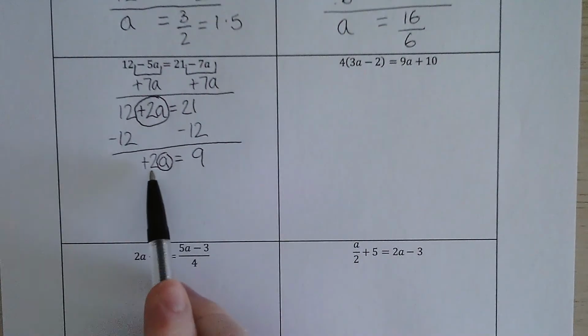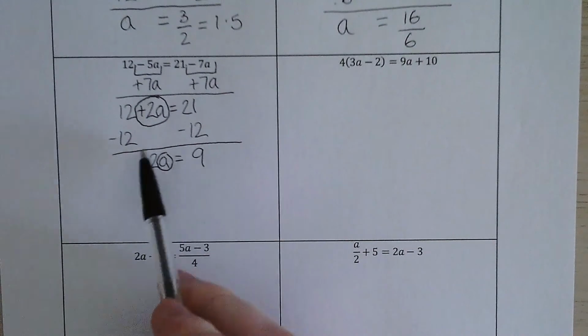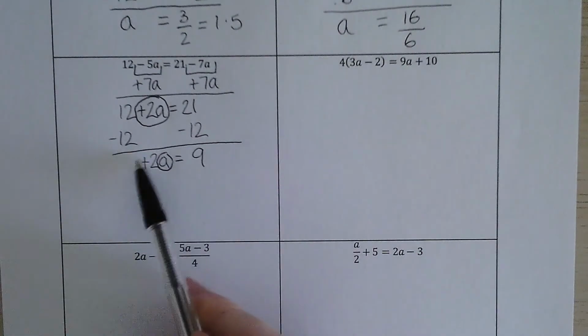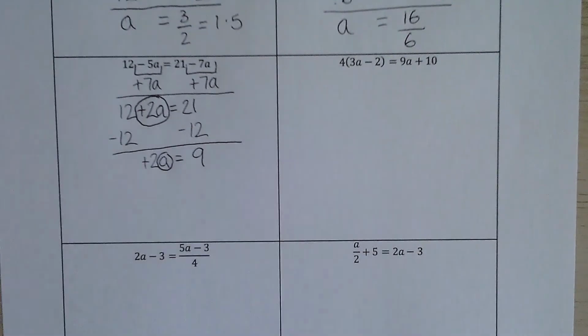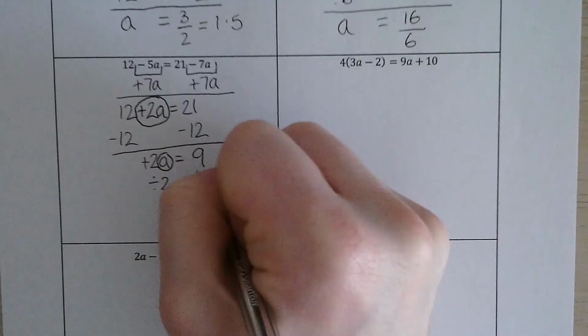Otherwise, the add symbol would be between the 2 and the a. This means we are multiplying a by positive 2. In reality, we don't need this positive symbol here. We could just write 2a equals 9. To undo the multiplying by 2, we need to divide both sides by 2.